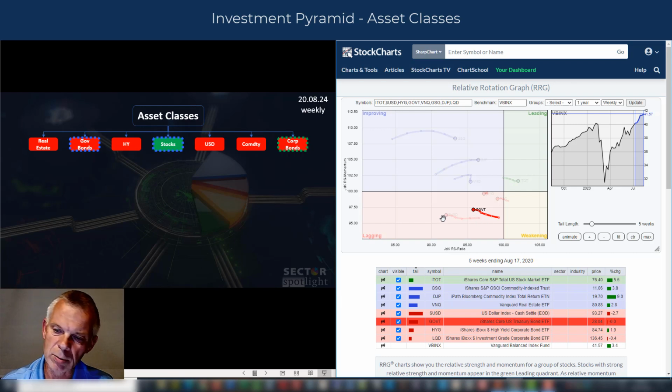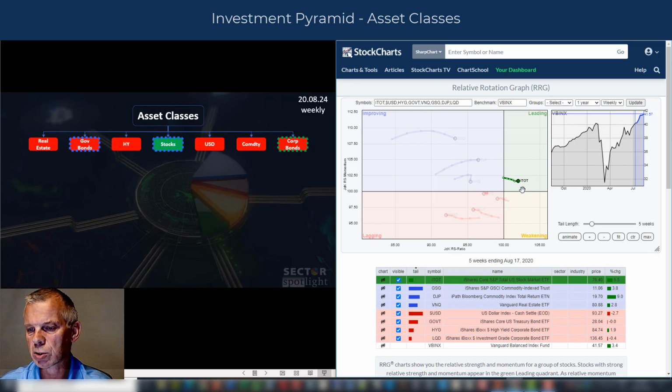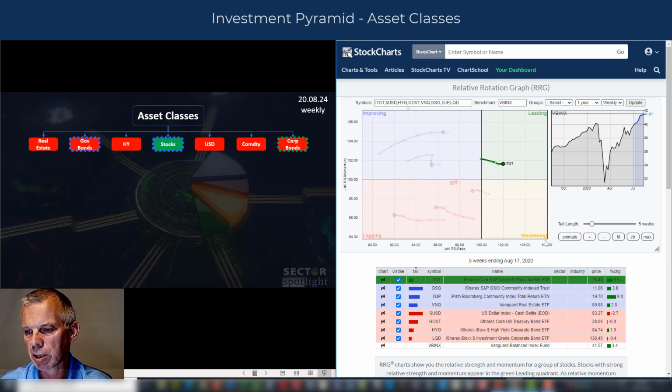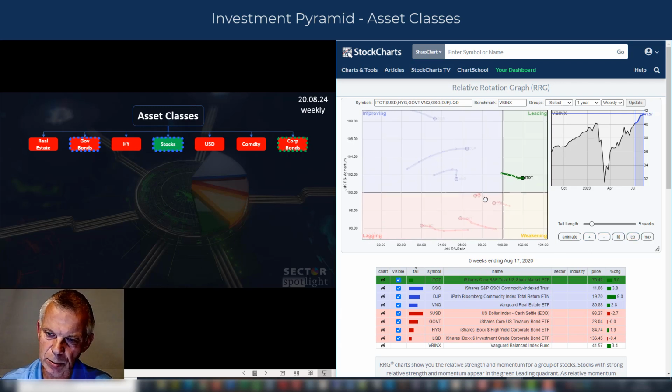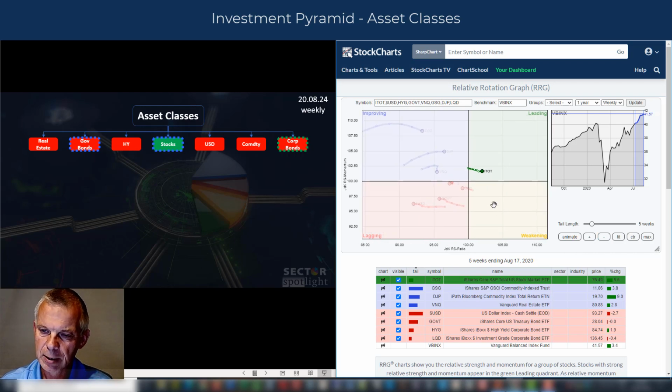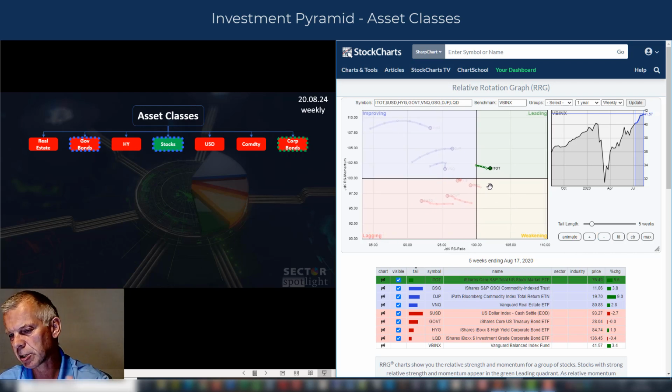Government bonds now have started to shift further to the left, where stocks, if we zoom in a little bit here, we see it a little bit better, started picking up again. So it makes sense to give the benefit of the doubt to the stock market with those tails, especially if they start to pick up momentum in the case of stocks and lose momentum in the case of government bonds.